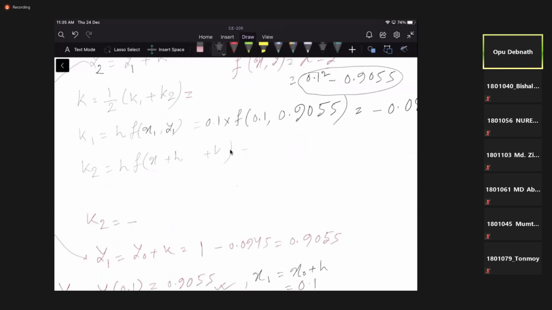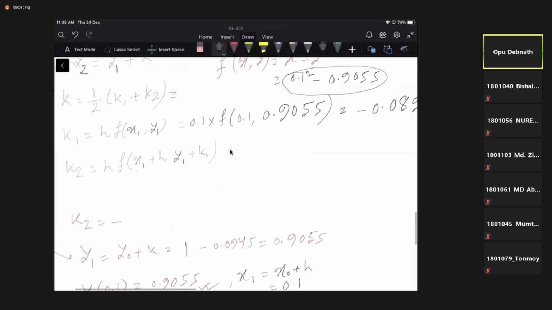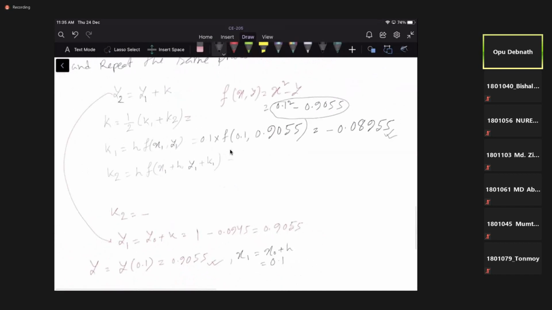For k2, this will be h times the function of x1 plus h and y1 plus k1. k1 is already calculated in the previous step.